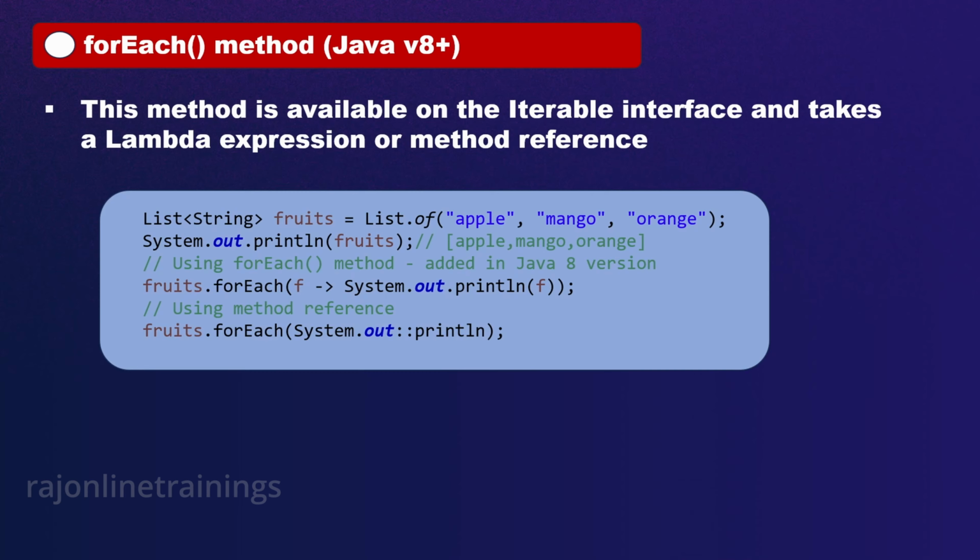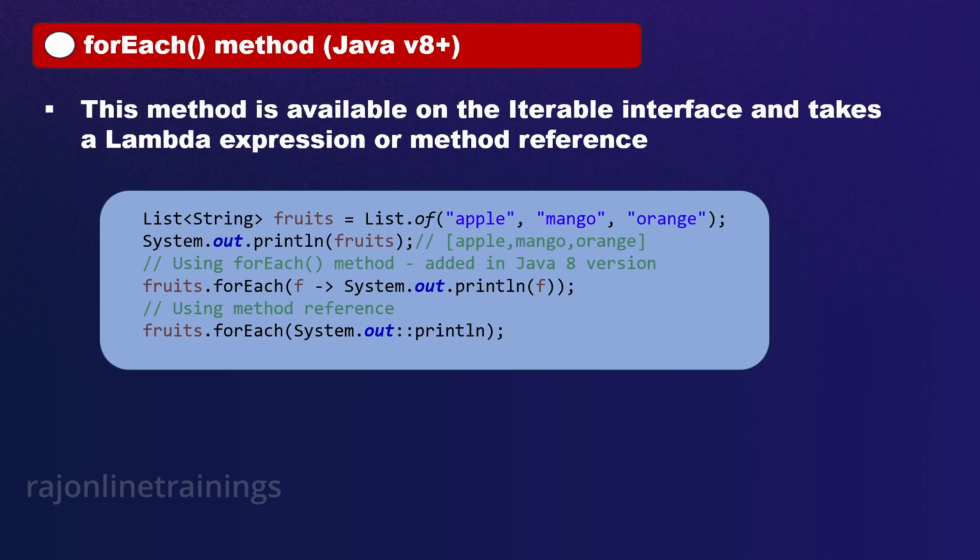Now if our objective is only to display the elements present in the collection on the console screen, then we can make use of a method reference. In the previous example, we took one element of the collection, stored it into the f variable and displayed it. If our objective is only to display on the console, there is no need to use a variable like f. Instead, we can use a method reference.